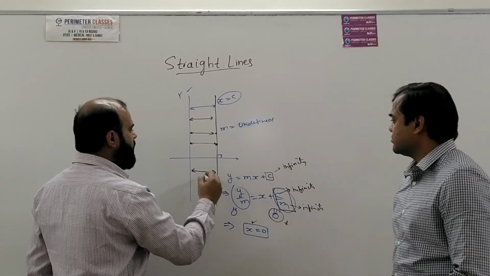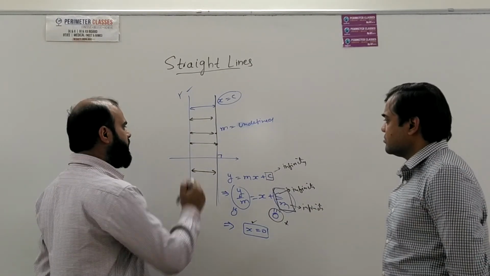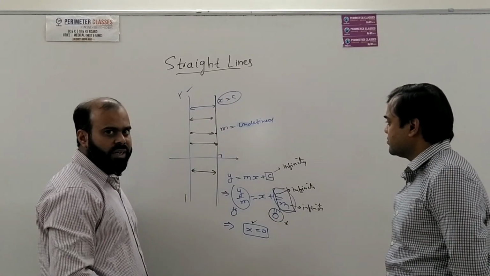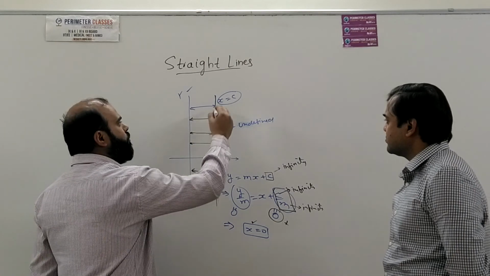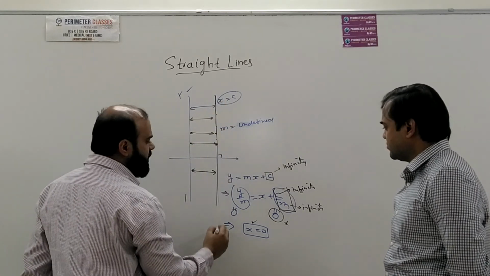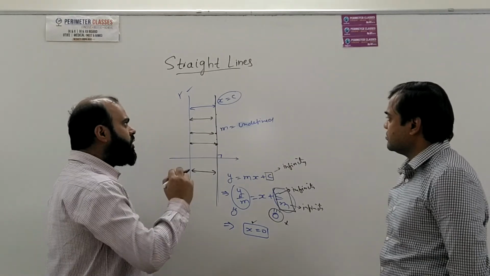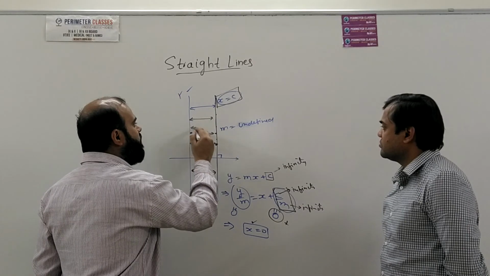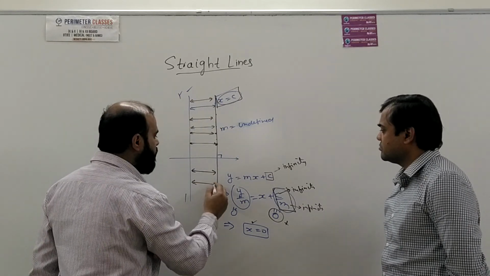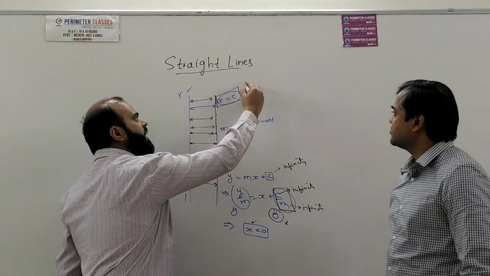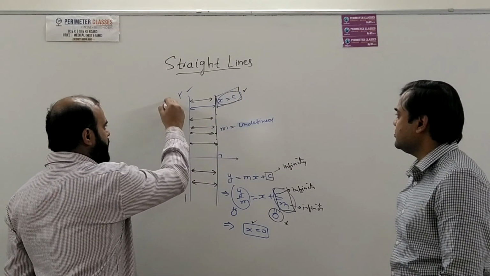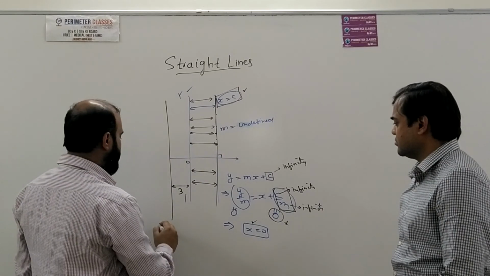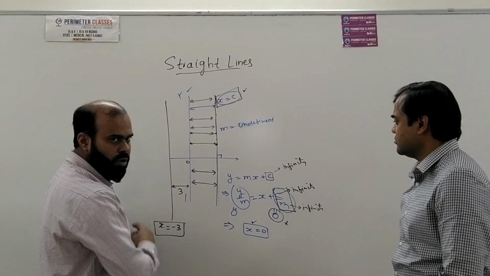So x is always constant, that is the distance from the y-axis, and the slope is 90 degrees so it is undefined, and the y coordinate varies from minus infinity to plus infinity. The condition is not on the y coordinate but on the x coordinate, that it will always maintain a constant distance from the y-axis. So its equation is x = c. If a line is parallel to the y-axis, 3 units left of the y-axis, then the equation will be x = -3. So it is quite easy.